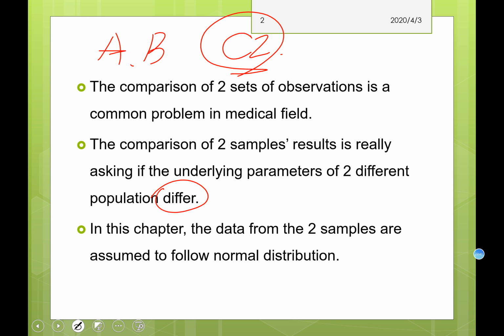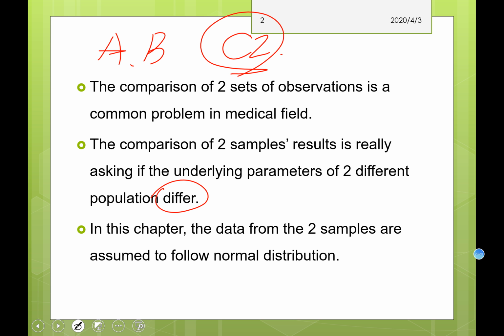But when we are talking about the hypothesis test, actually we mean to compare the effect of drug A and drug B. Or we can say that we want to identify if there is any difference between drug A and drug B. So different or difference, that's a very important keyword.